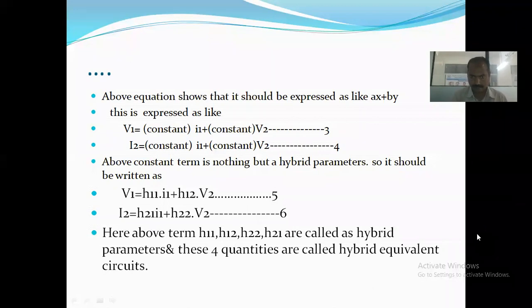Roll number 6, 7, 8, 9, 10, 11. Yes, sir. 12. Present, sir.